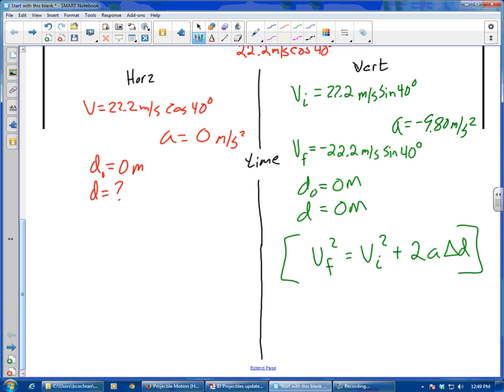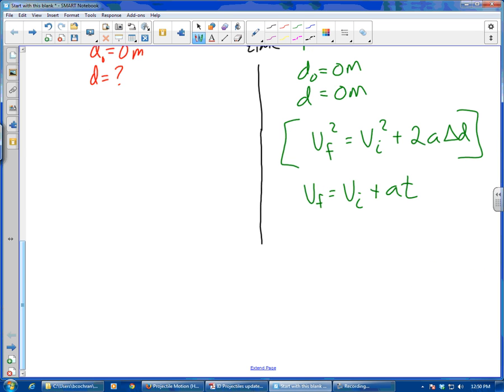But now we want to find the amount of time, since we don't know what's in between. I'm going to use V final equals V initial plus A T as my method. I know V final is negative 22.2 meters per second cosine 40 degrees equals 22.2 meters per second cosine 40 degrees.